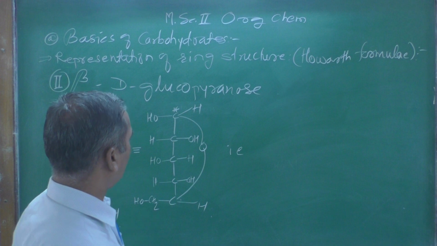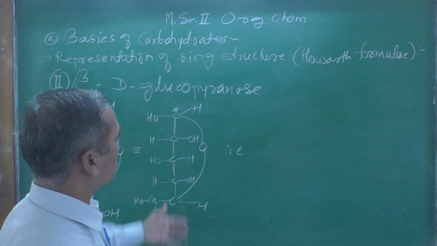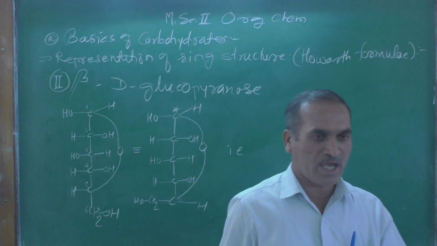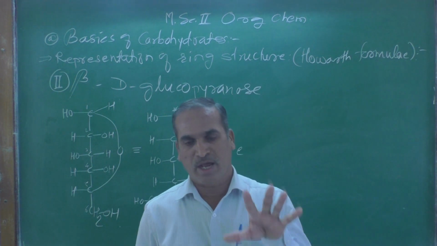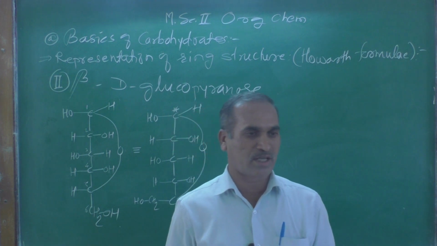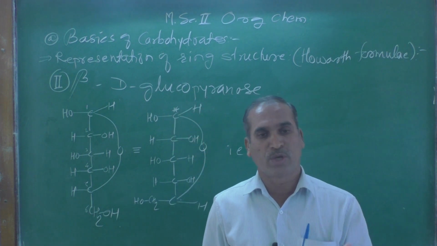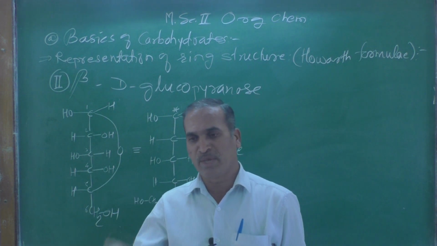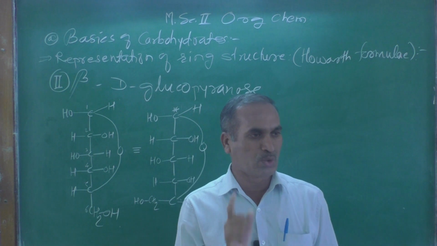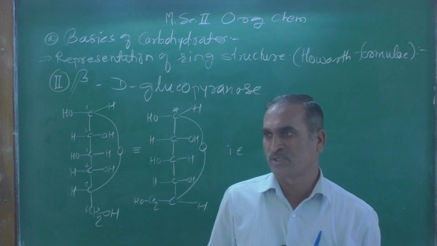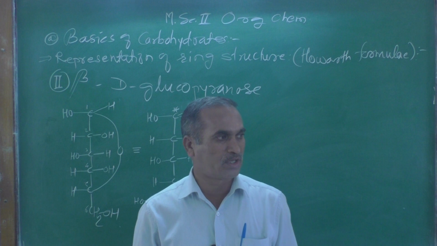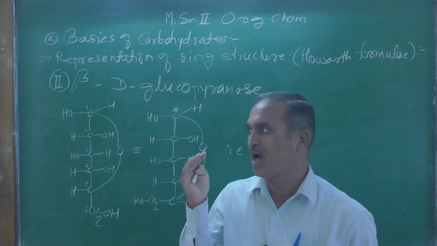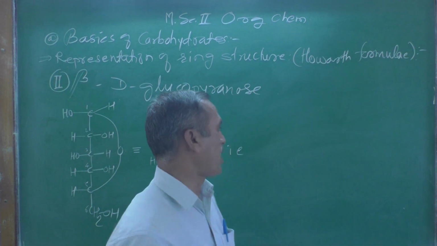So the total chiral centers in this molecule, after ring formation of glucose, are 5. With 5 chiral centers, 2 raised to n is 2 raised to 5, which means 32 optical isomers, and out of that 32, 16 are pairs of enantiomers.